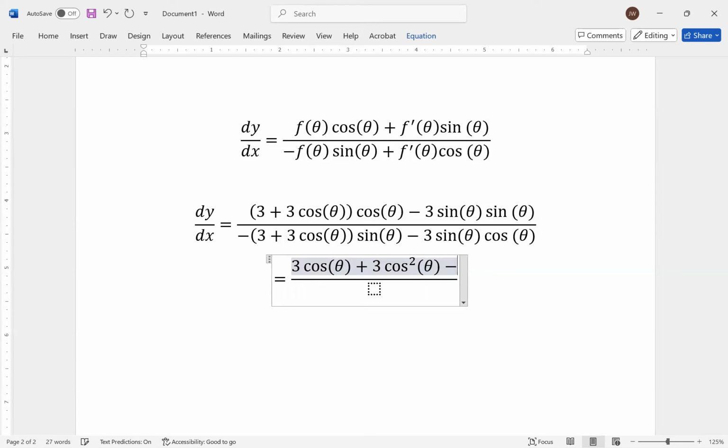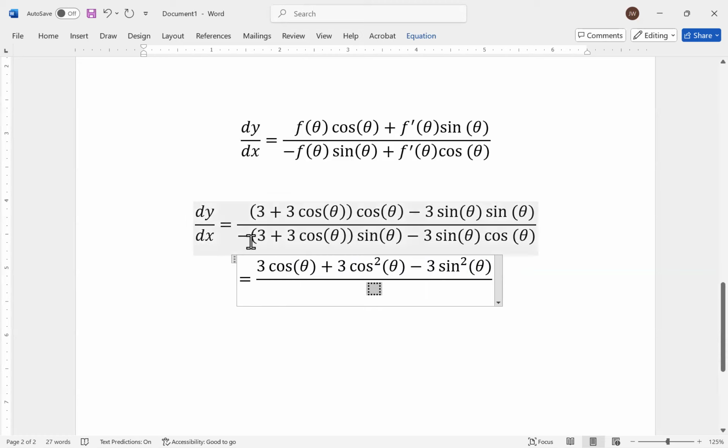Then we'd have a minus 3 times sine squared of theta. And in the denominator, when you multiply this, it'd be negative 3 times sine of theta. Then you'd get a minus 3 times cosine theta sine theta.